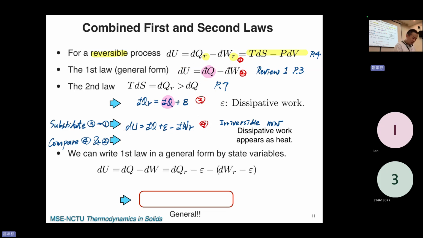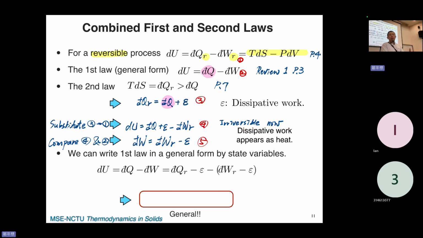What's the difference? We know that d bar W equals d bar WR minus epsilon, and we say this is equation 5. And typically we know that dissipated work appears as heat.